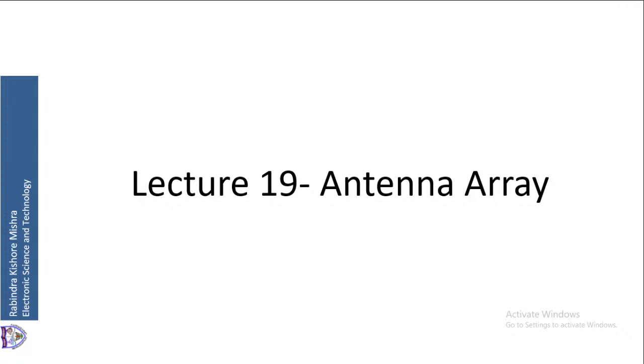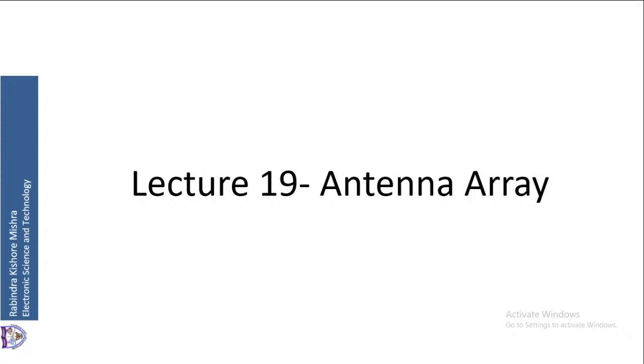Now how will they jam this antenna? What they will do is they will send electromagnetic signal in the direction of the main beam of country A's antennas. In that direction they will send a high power signal and noisy signal.